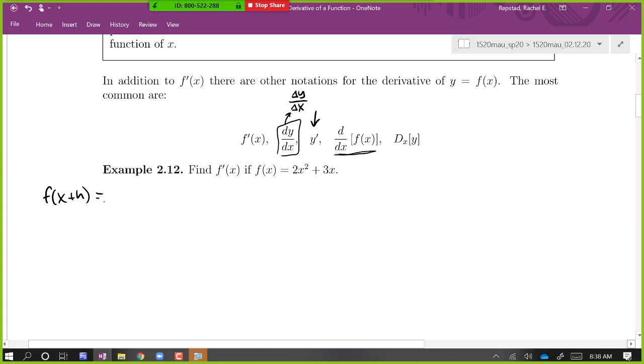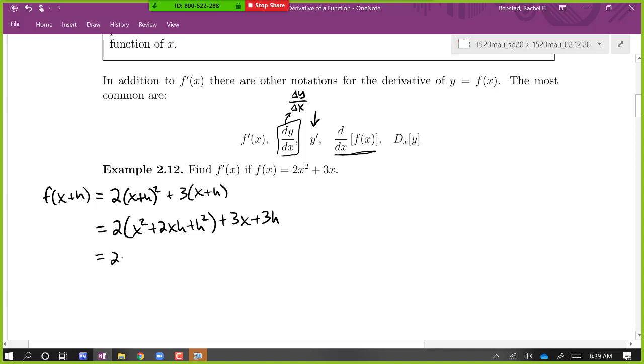We're still going to find f of x plus h minus f of x. So f of x plus h: replace x with x plus h. I'm going to do some algebra to expand this. So there's our f of x plus h.